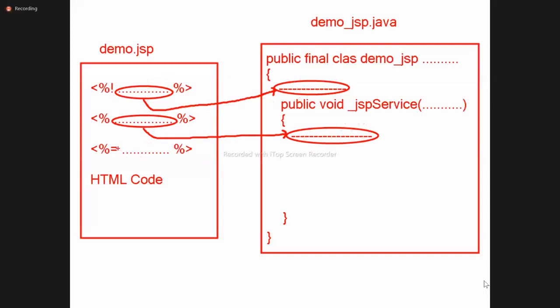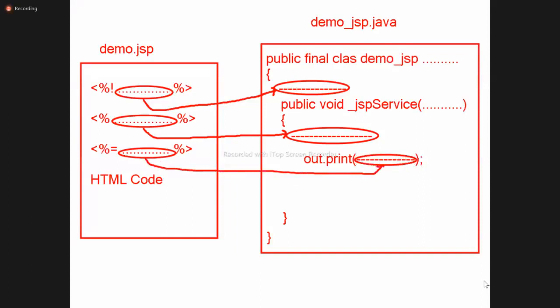Now, whatever you write in an expression will come inside the out.print. It is directly printed. Whatever you write here comes here. Now HTML code goes inside the out.write, which is nothing but passed to the browser.